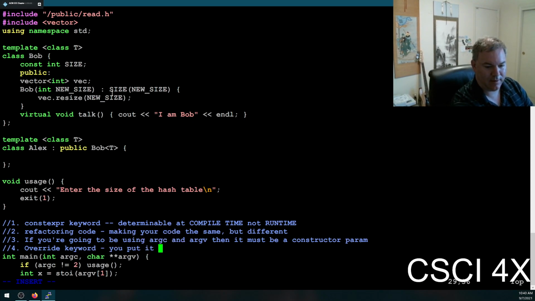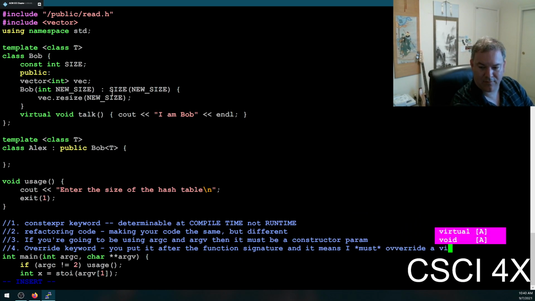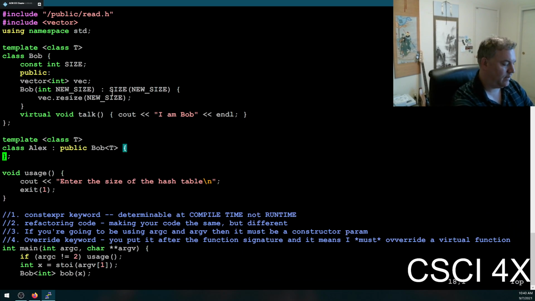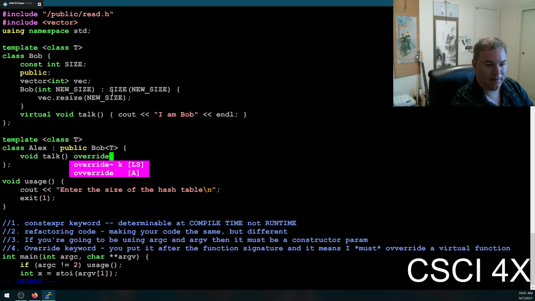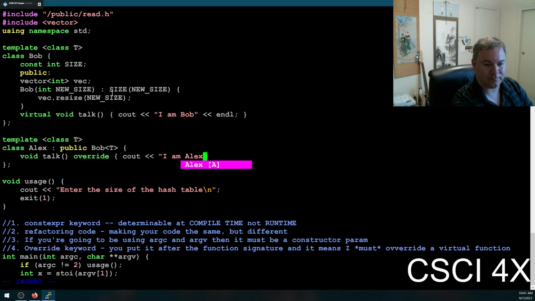You put it after the function signature, and it means I must override a virtual function. So if I say Alex, void talk override like that. See how I am Alex.